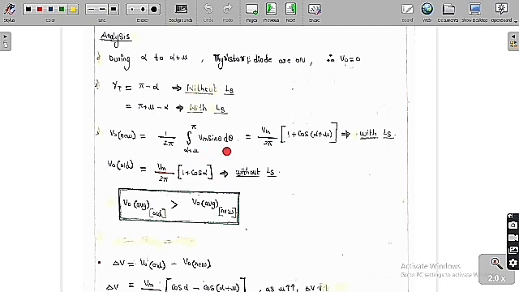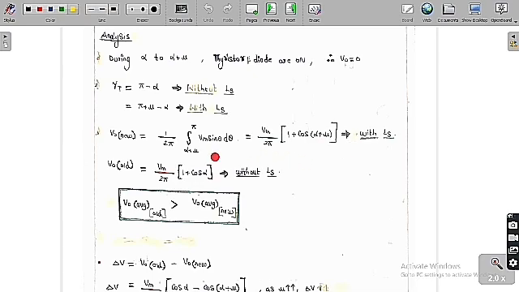If you solve this, we get Vm by 2 pi into 1 plus cos of alpha plus mu. This is the average value of the new output voltage with the source inductance.